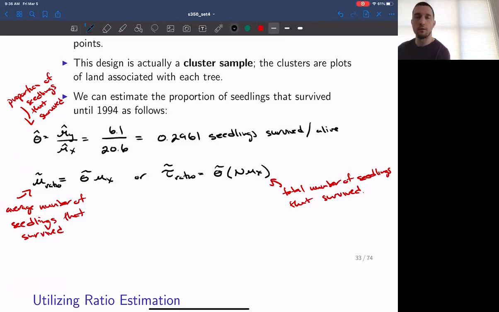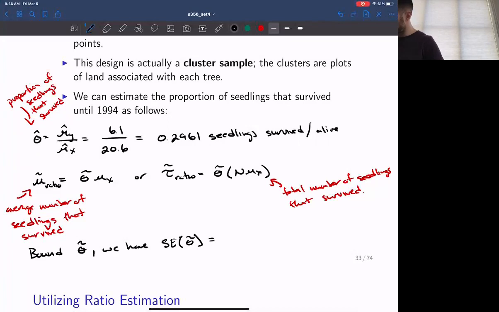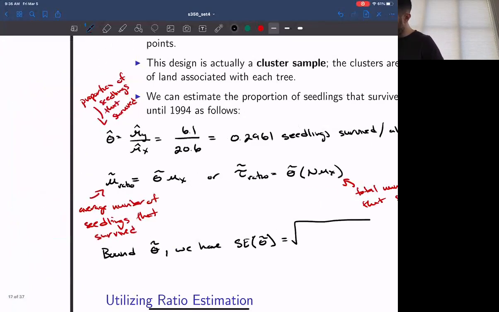So for example, if we wanted to bound theta tilde, the standard error of theta tilde is equal to the square root of, how did I give this?